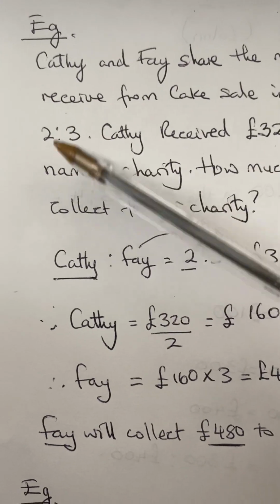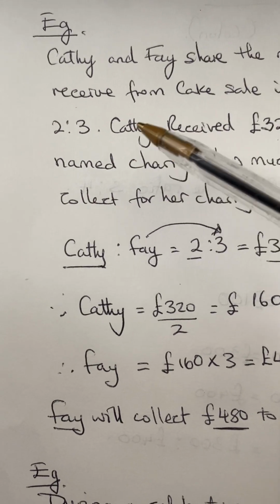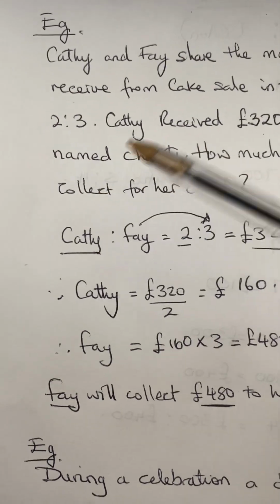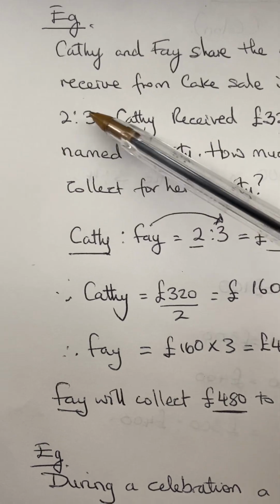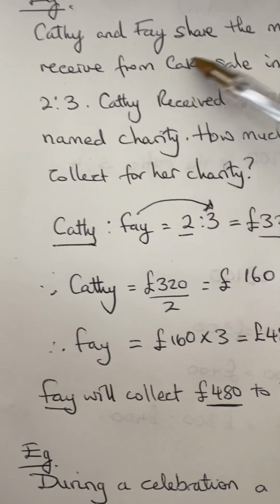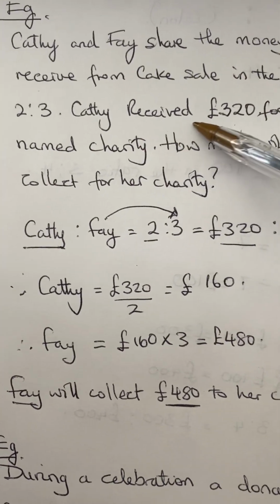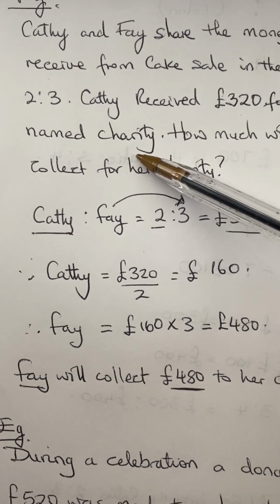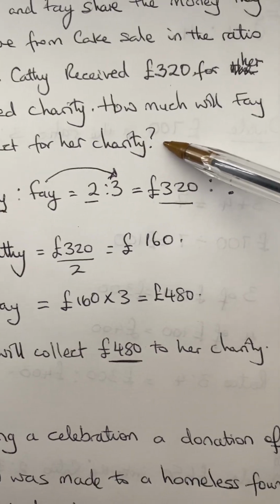Maybe the input for Kathy and Faye was different, or maybe one person brought more ingredients than the other. So they decided that, okay, whatever we get, we'll share it in this ratio. Okay, they were doing a cake sale for charity. So Kathy received £320 for her named charity. How much will Faye collect for her charity?